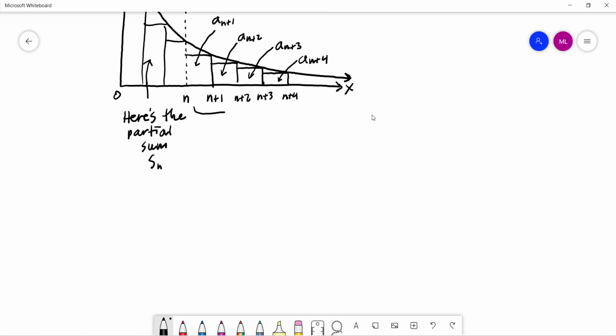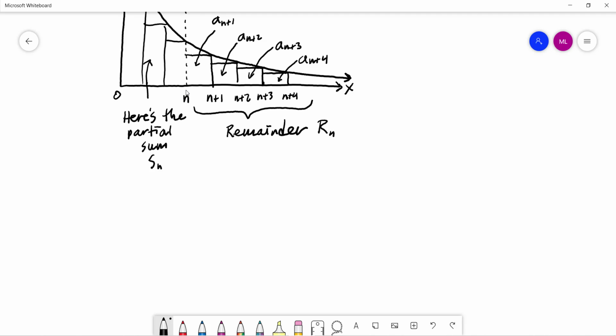These make up the remainder, which we're going to call r sub n, the remainder of everything that comes after n. So S sub n is everything to the left of here, the nth partial sum, the sum of all the terms up to n. The remainder, r sub n, is the sum of all the remaining terms that come after we get to this nth position on the graph.